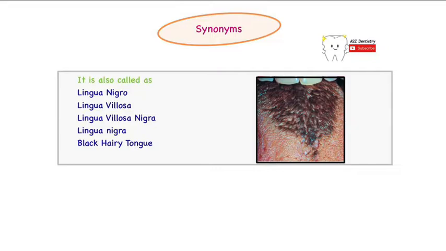Now here it is also known as black hairy tongue. Black because of its color, hairy meaning that the surface of this particular lesion appears like strands of hair. Now we will learn about this in detail in the upcoming slides, why we have used the term hairy here.